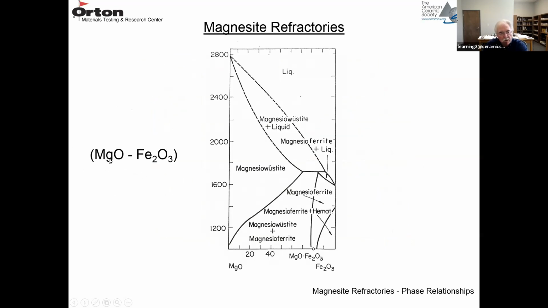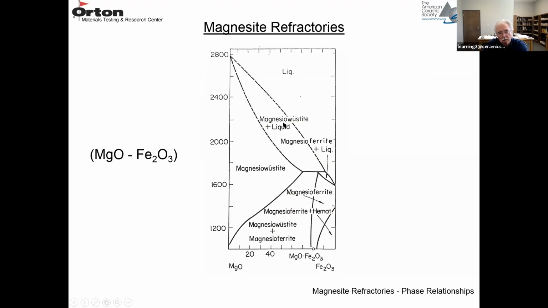The other one is MgO-Fe2O3, and this is temperature in degrees C. This is 100% MgO, and then this is 100% Fe2O3. But even if you're adding, let's say, 10% Fe2O3, you're still in this magnesiowüstite phase field. So this is solid magnesiowüstite below this line and in this phase field.